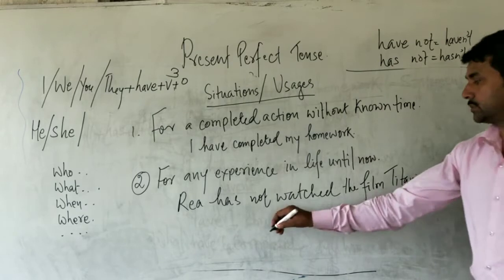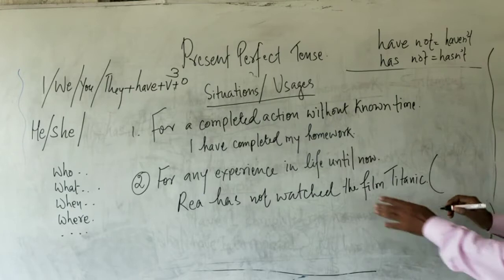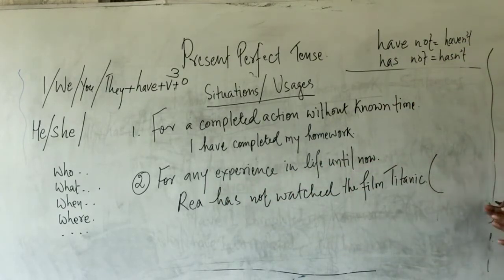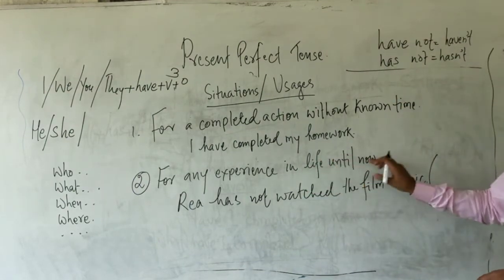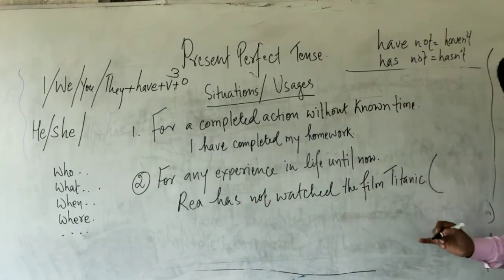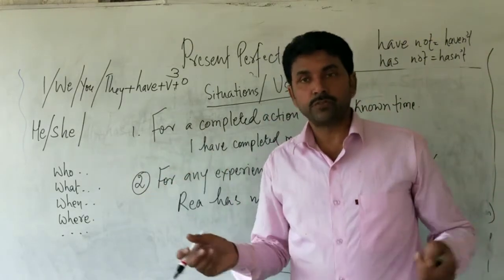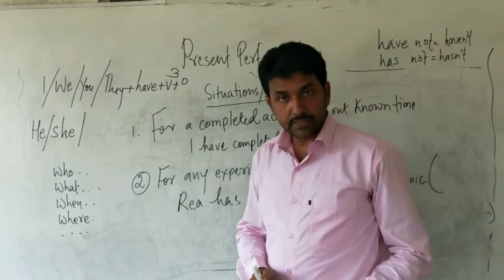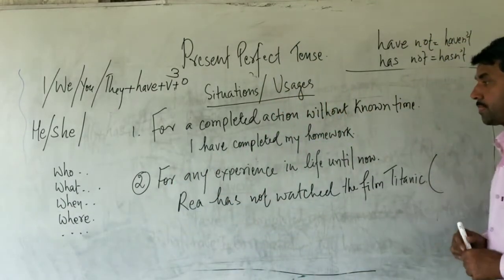Here you can add "in her life until now." The meaning is completed when you keep in her life until now. That means Ria has not watched the film Titanic in her life until now. Maybe in the future, we don't know, she may watch. But until now, until recently, she has not watched this film.